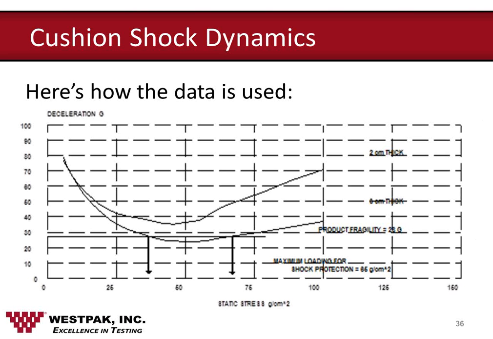Here's an example of exactly how this cushion curve is used. Suppose that we have a product of a known fragility level, and let's call that 28 Gs.